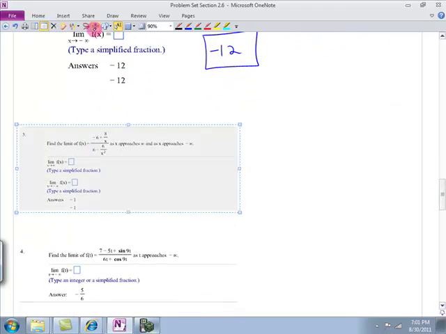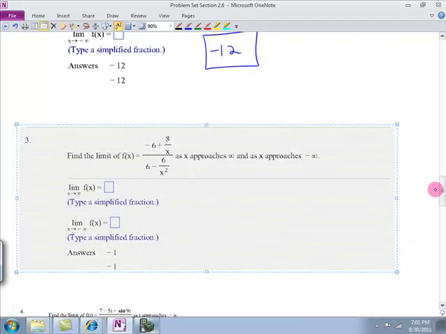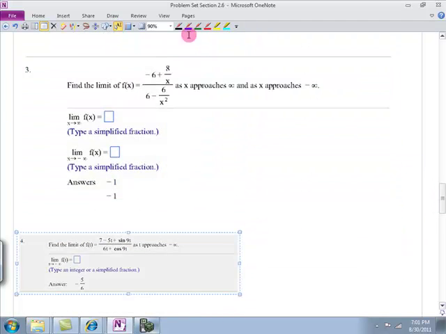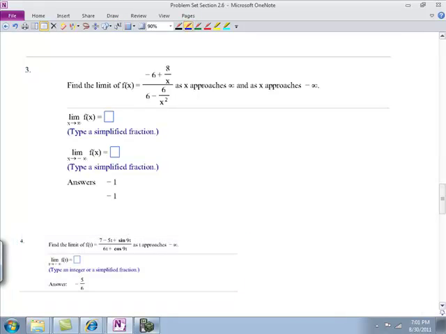I don't know why I didn't make these bigger to start with. Okay, we got this business as we approach positive infinity and negative infinity. Do we have to do anything? Can we just evaluate? Is this one going to be negative 6 plus 0 over 6 minus 0?